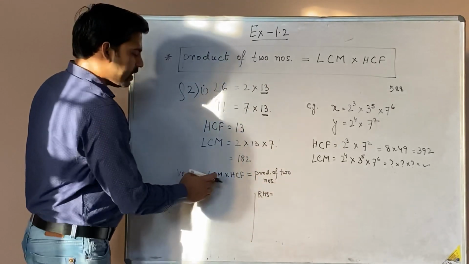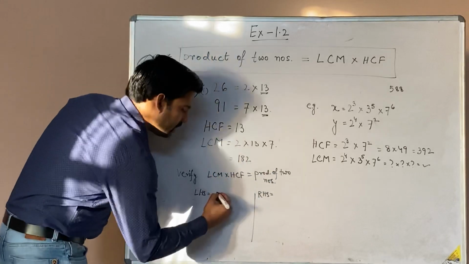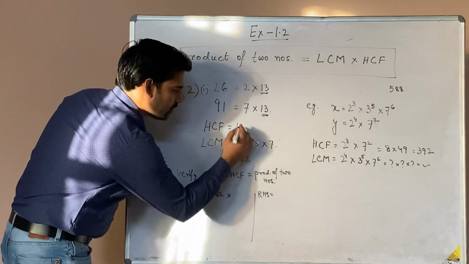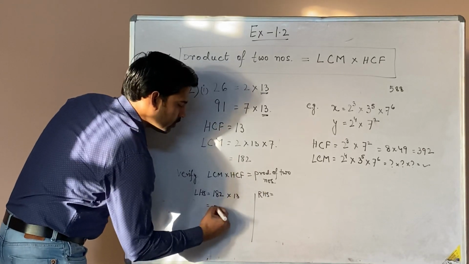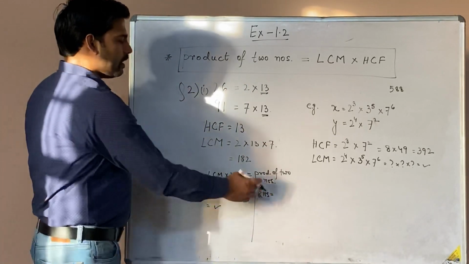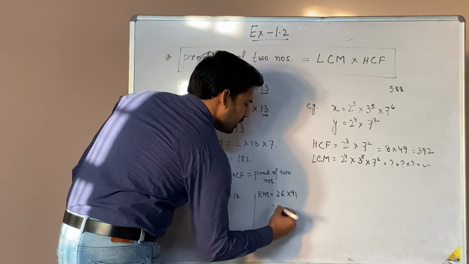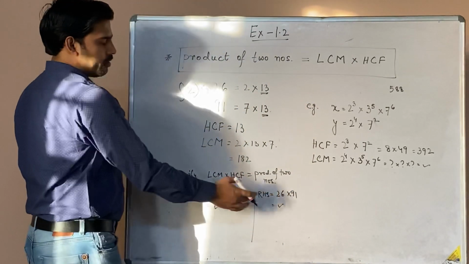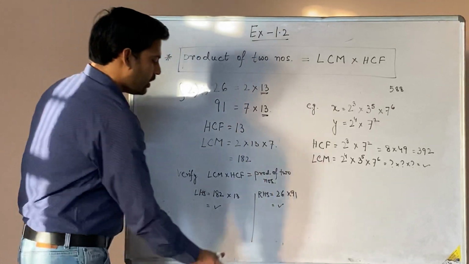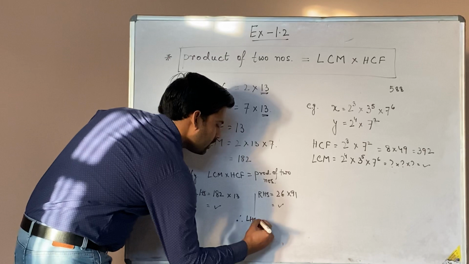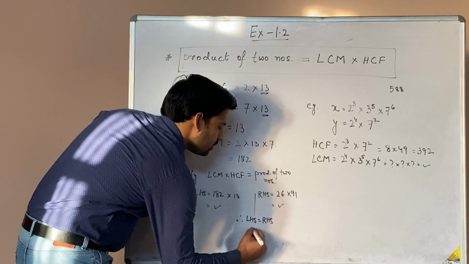So LHS is what? LCM into HCF. So LCM is 182 and HCF is 13. Find out the product of these two numbers. And in RHS, you are having 26 and 91. Multiply them and you will see both the numbers that are coming are same. Fine. So in the end, you will write down, therefore LHS equals RHS, hence verified.